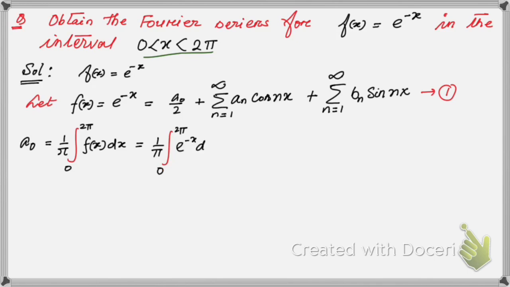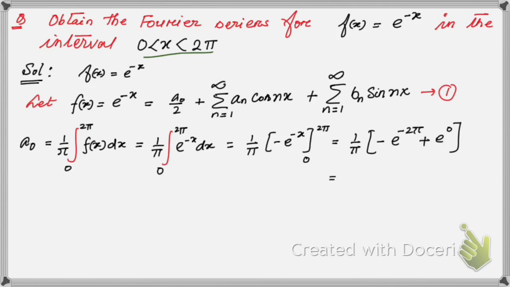So let me integrate this, and integrating this, the integration of e to the power minus x is going to be minus e to the power minus x, and we are integrating it from 0 to 2 pi, and if you put the upper limit and lower limit, then you're gonna get this value, right? E to the power 0 is going to be 1. So here this is the result we're gonna get. Okay, so now let me show you how to find an.